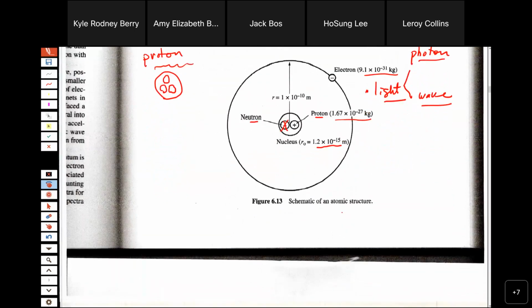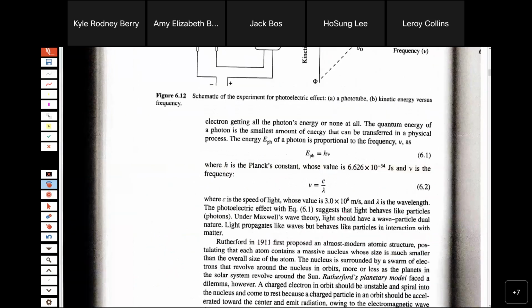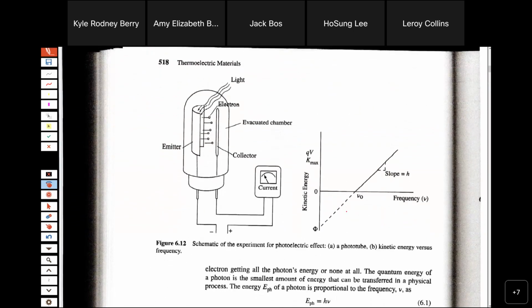This is the photoelectric effect we have to understand. There is a collector on one side and an emitter, and we connect them and see whether there is a current, any electrons. If nothing happens, no electron, no current.